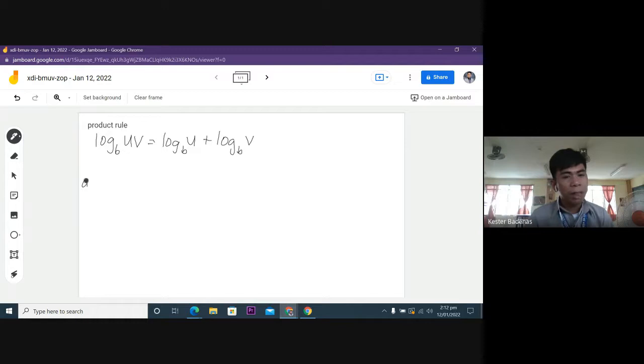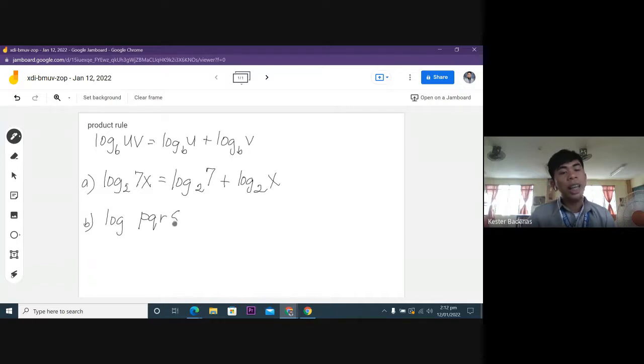Example. If we have logarithm of 7x with the base 2, the logarithm is equivalent to the logarithm of 7 with the base 2 plus logarithm of x with the base 2. So, yan yung tinuturo sa atin ni product rule. Next example. If we have logarithm of p, q, r, s with the base, ano ba magandang base?